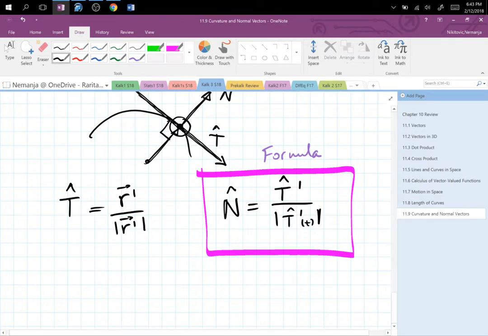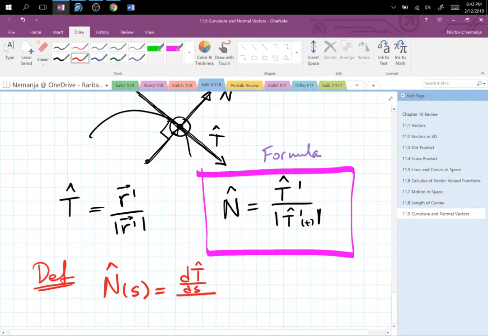So the definition for the principal unit normal vector will be that the principal unit normal vector, in terms of the parameter as arc length, is the derivative of T with respect to s divided by its magnitude.